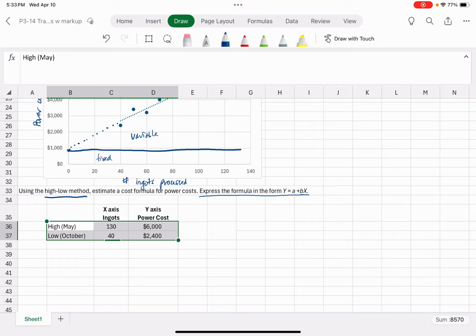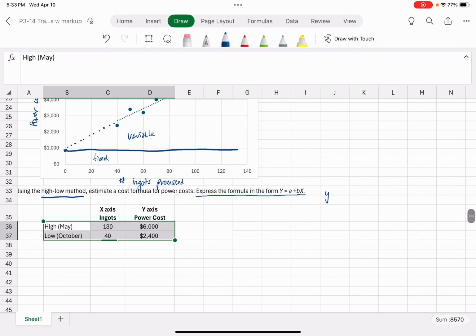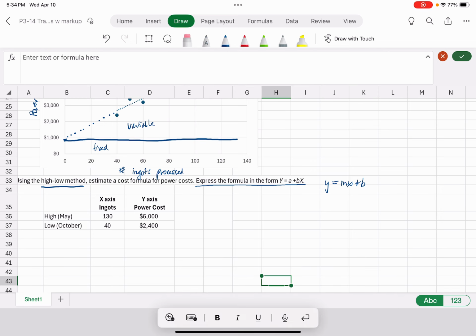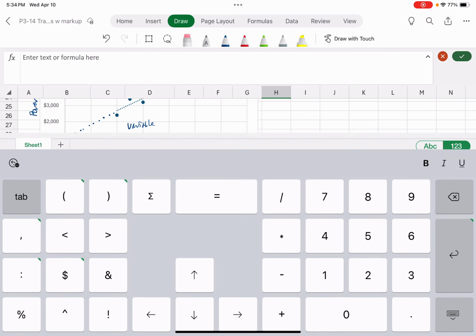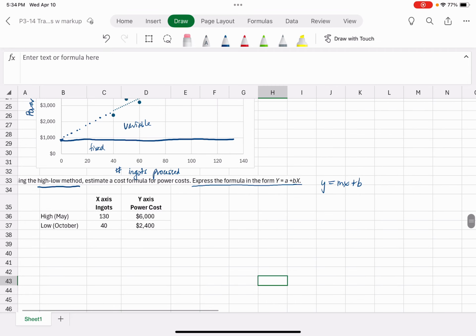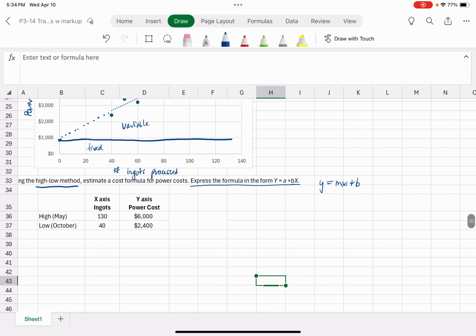which is sort of equivalent, if you remember from high school math, to the formula of a line, y equals mx plus b, where m is the slope, and b is the y-intercept.